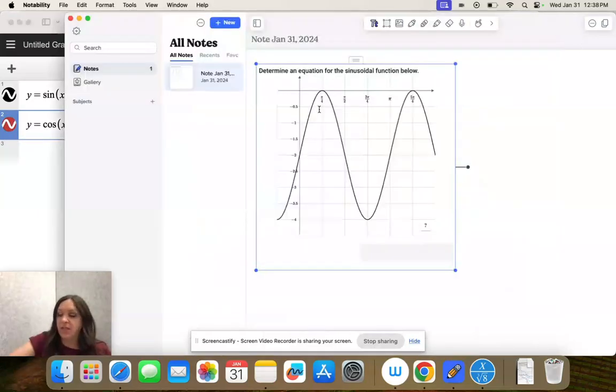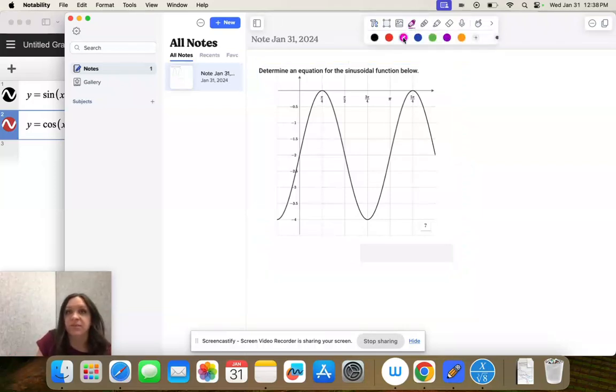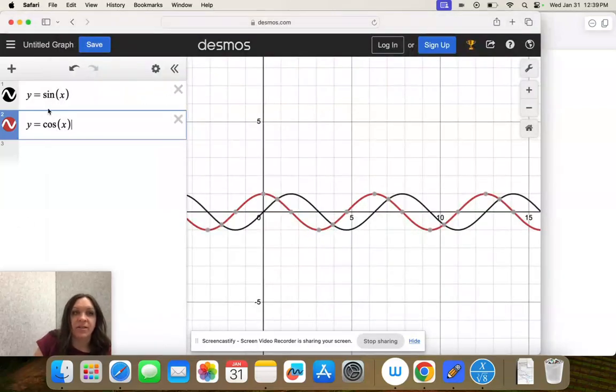And the best way to tell is to look at your intercept on the y-axis. So if I'm looking here, see how the intercept is kind of halfway through the curve? It's not at the maximum. So on sine, that's where our intercept is.